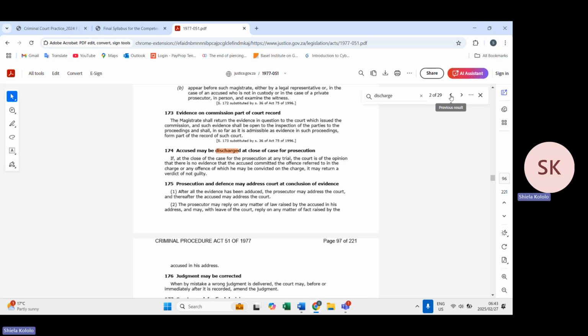Here they can ask you something like, when can an accused apply for a discharge? At the close of the prosecution's case, and the reason would be that there is insufficient evidence. What verdict can the court come to? A verdict of not guilty.